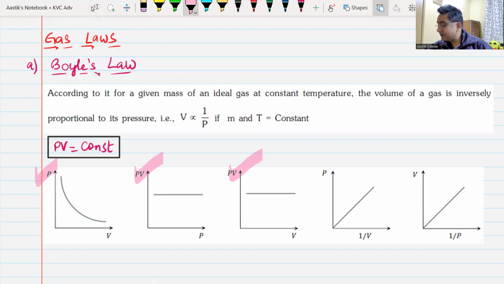This is between PV and V. This is between P and 1 by V. This is between V and 1 by P. I have seen these graphs come in different ways, and that is why I have given you all these graphs together. Yes or no?